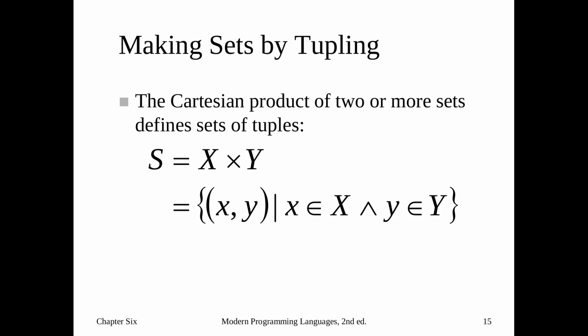The Cartesian product of two or more sets defines sets of tuples, where if we have the set S, we're saying that it is the Cartesian product of the set X and Y. It's really saying it is any pair, any tuple (x, y), where x is an element of the set X and y is an element of the set Y. So we can use that as our basis for defining a type.